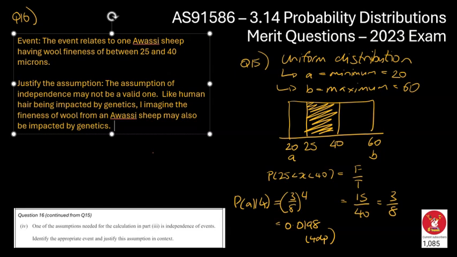I now want to link that to the group of sheep that I talked about, and the fact that there's something else happening. So it's depending on the family genetics, not randomness like independence assumes.